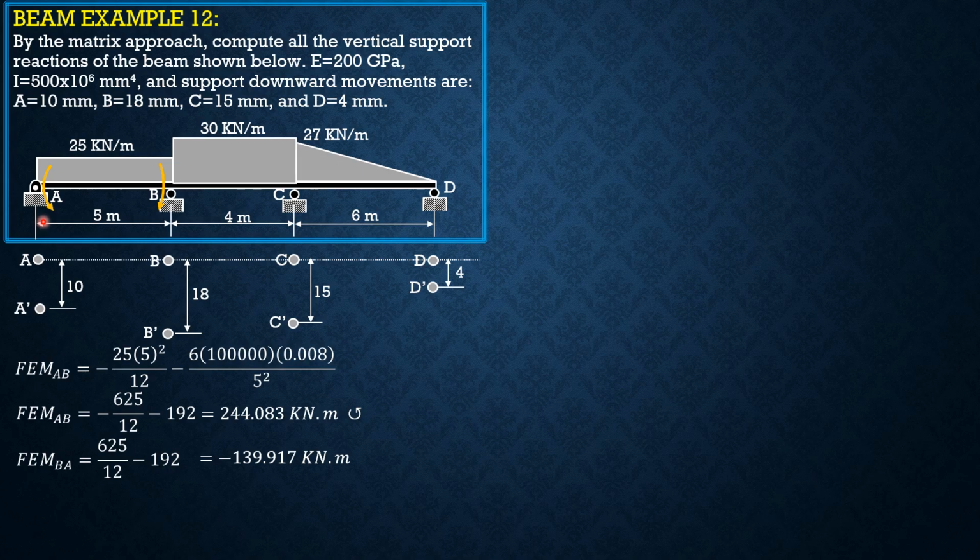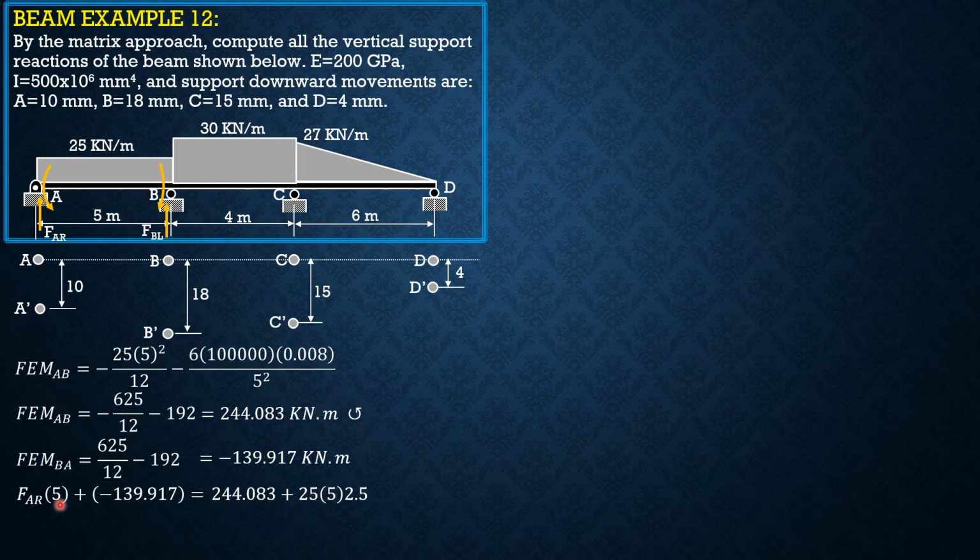Then the fixed upward force FAB, considering AB, summation of moments about B equals 0. So FAB times 5 plus fixed moment BA, which is negative 139.917, equals fixed moment AB, which is 244.083, plus the moment of the load, 25 times 5 times 2.5.